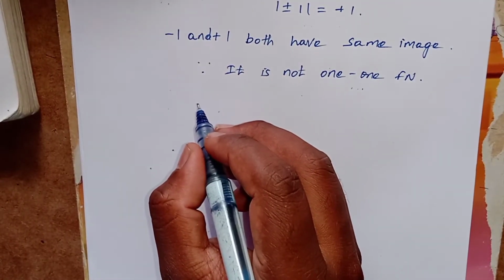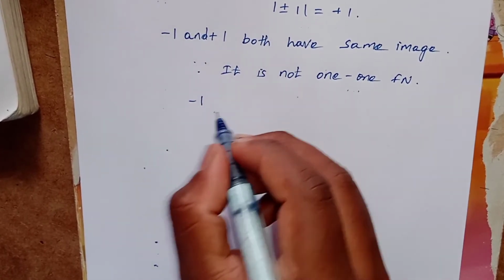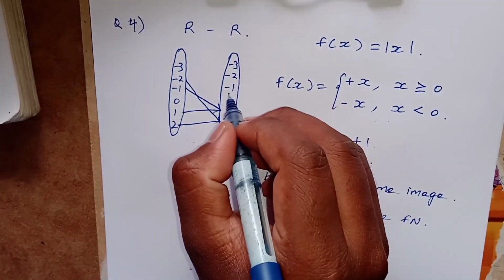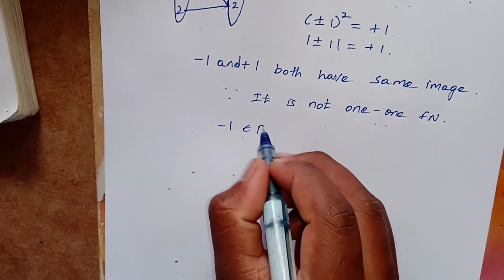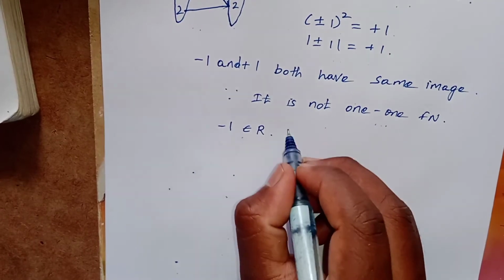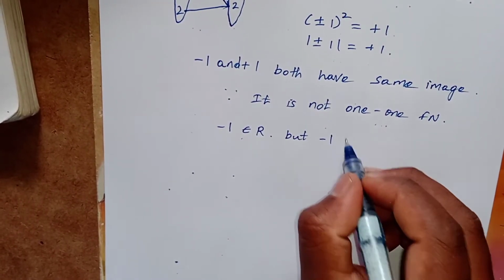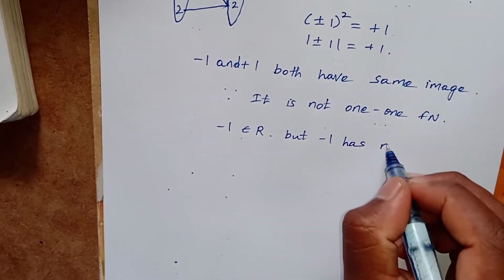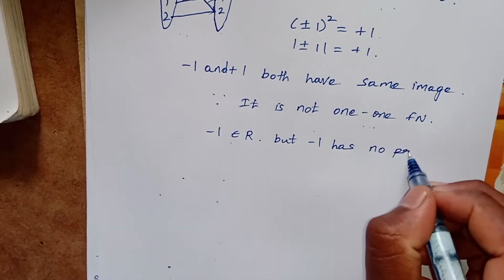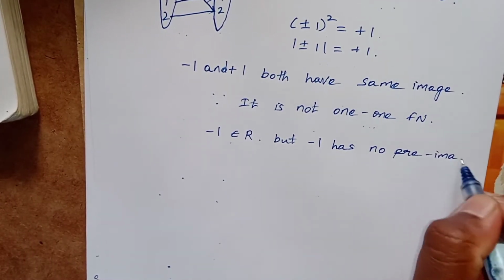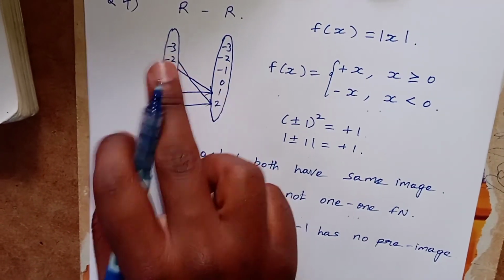Okay, here -1, see here this -1 belongs to real number, but -1 has no pre-image. Okay, only -1 has no pre-image.